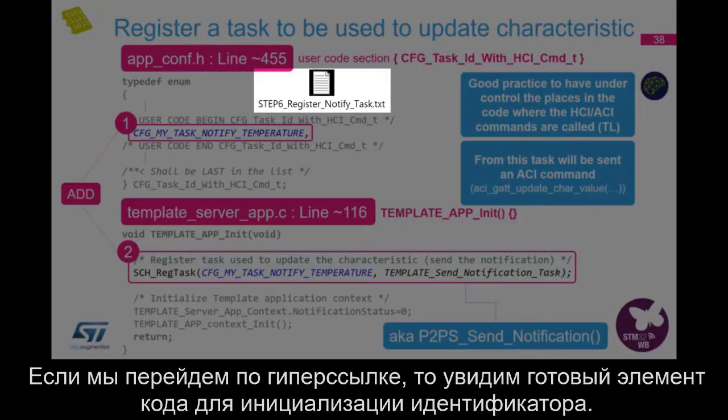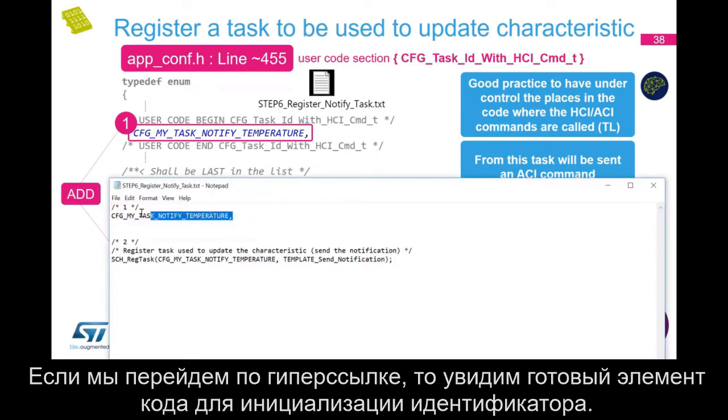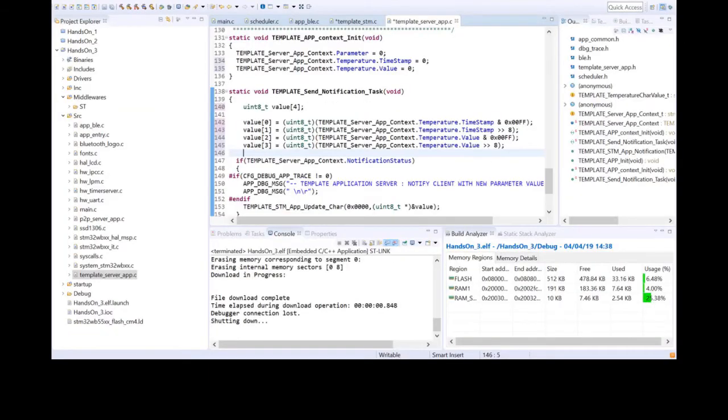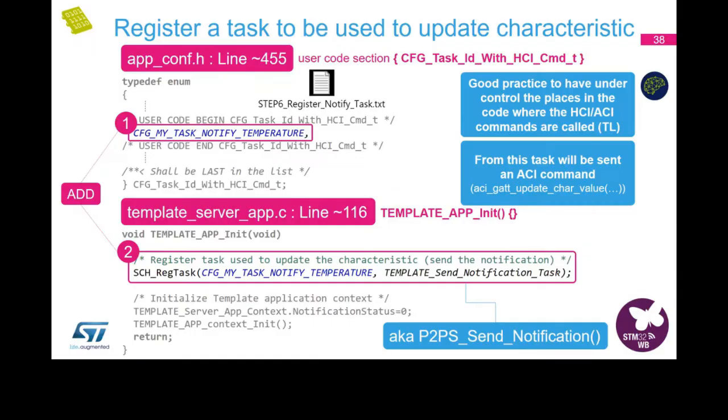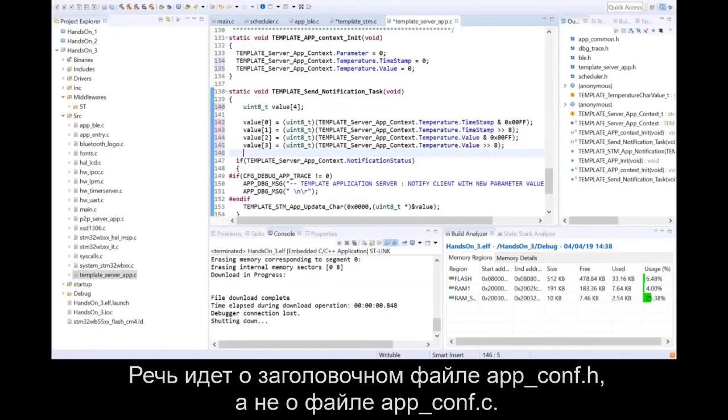If we click on our hyperlink there, we can see we create our identifier for the task. This needs to go at about line 455 in app.conf. We go to app.conf, and it's app.conf.h, not .c.